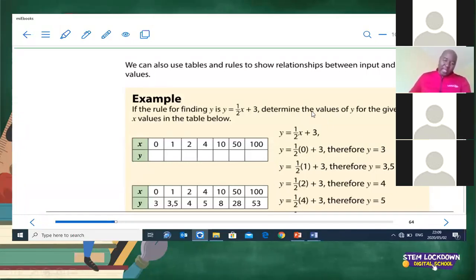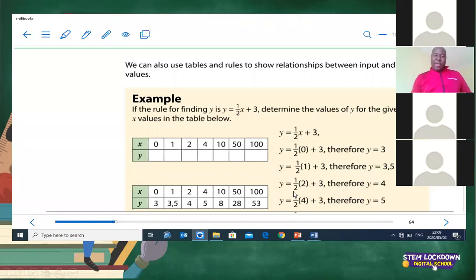Now, if x is 1, the value of x is 1, then you have y is equal to half of 1 plus 3. And half of 1 is the same as half, plus 3 is 3.5. So you have 3.5. But if x is 2, you have half of 2 plus 3, and half of 2 is 1, 1 plus 3 is 4.